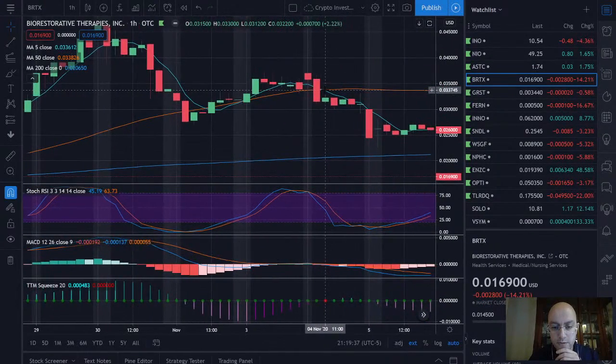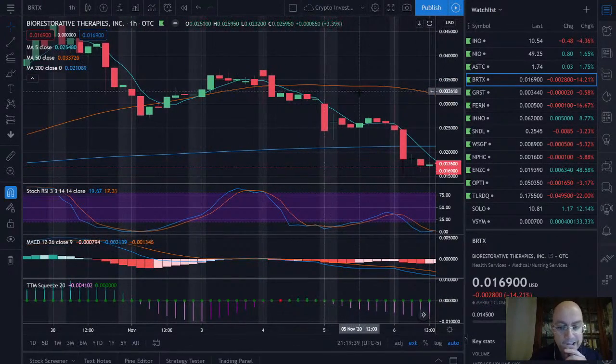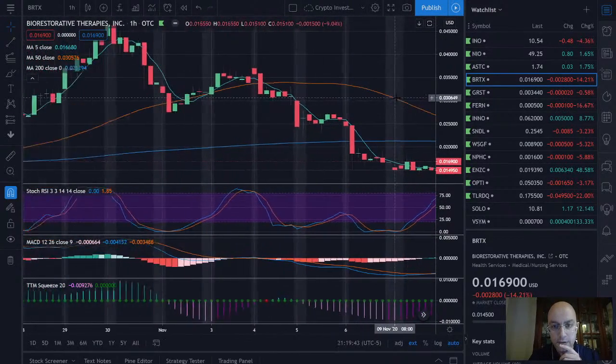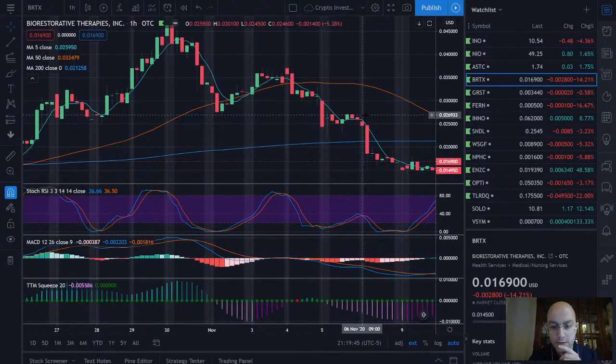So let's go to November 6th. Okay, let's go. November 6th at 9 a.m. Okay, right here. There you go. Once again, it's a bearish. So notice here is the body, here is the long wick.